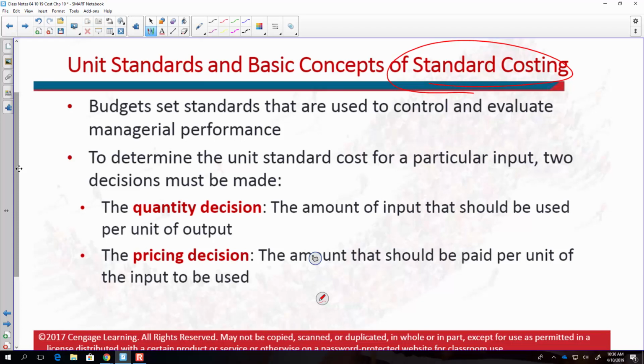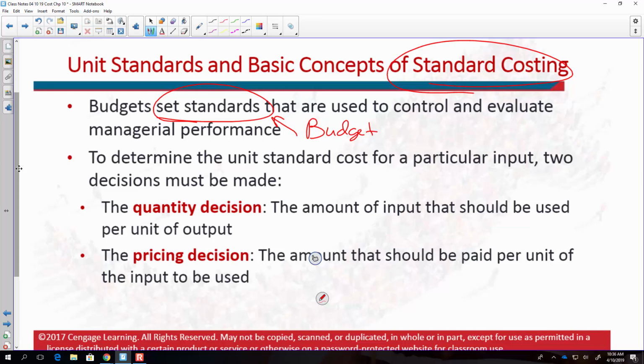And what we're trying to do is set standards. And you can see what that means here. Or it's a budget, right? And so much of what cost accounting revolves around is setting those budgets so that we can compare to what actually happened, right? And that's where the control function comes in.